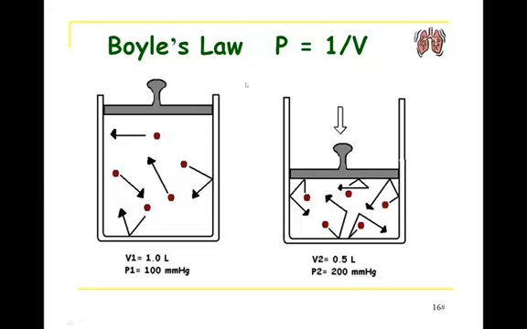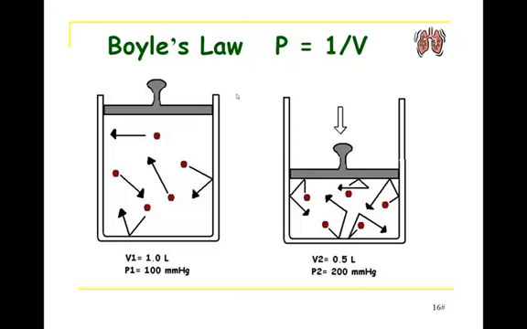So what does this have to do with the mechanics of ventilation? In order for us to get air into and out of our lungs, we have to have a pressure gradient. Remember I told you in physiology, pressure gradients rule. I have to be able to change the volume of the container, my lungs, to change the pressure so I can get air into or out of my lungs, because you cannot change atmospheric pressure.